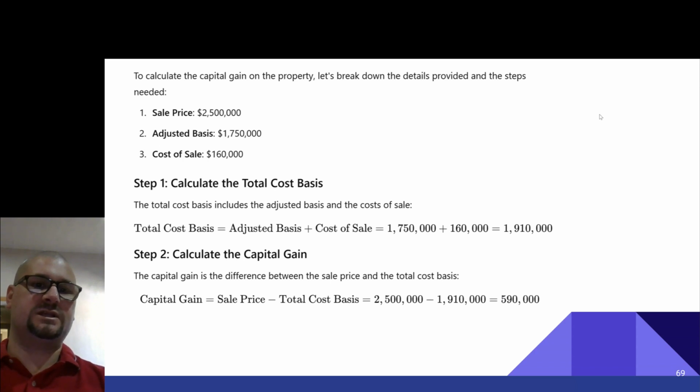Total cost basis is equal to adjusted basis plus the cost of the sale. So 1.75 million plus 160,000 is 1.91 million. The capital gain is the sale price minus the total cost basis. So the sale price of 2.5 million minus 1.91 million gets you $590,000.